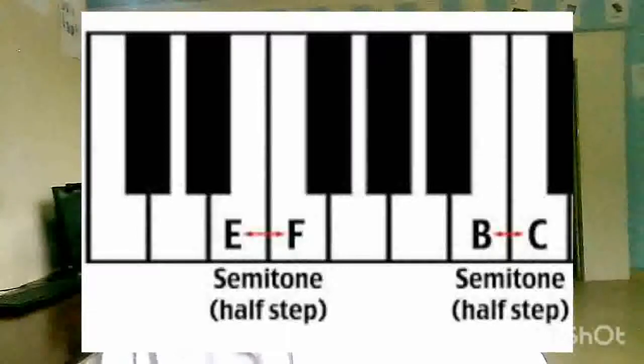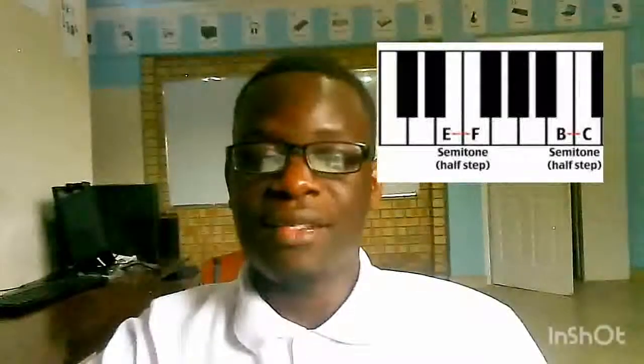And finally, B to C, it's a semitone. So E and F and B and C are the two natural semitones that we have in music. Between those two white notes, we don't have any black note. Take that in mind.